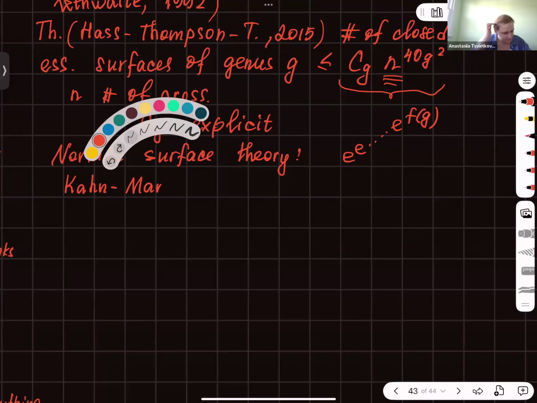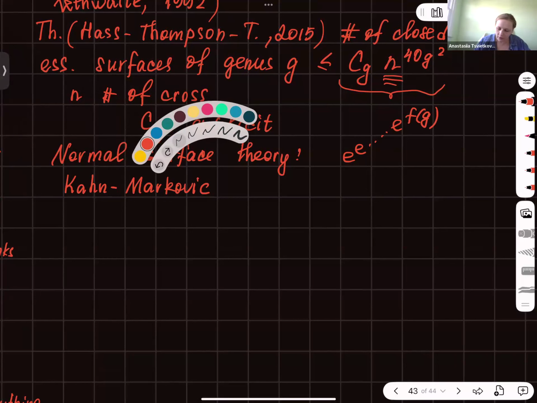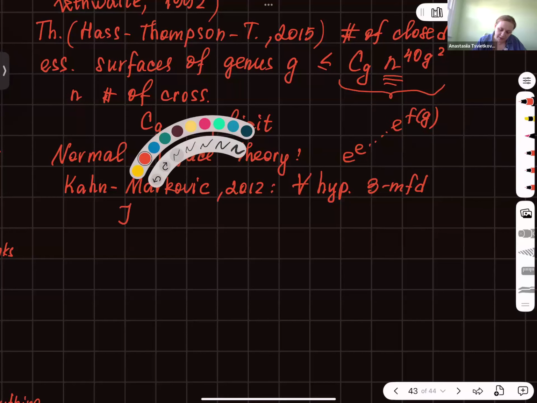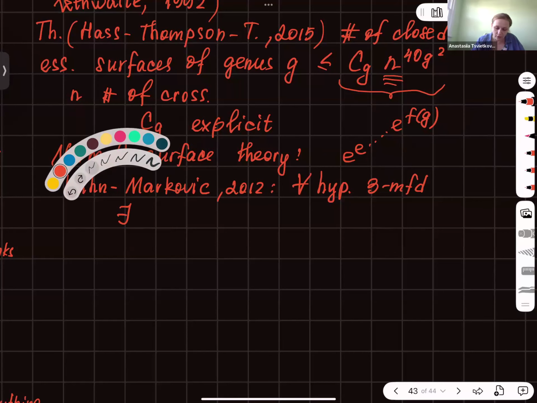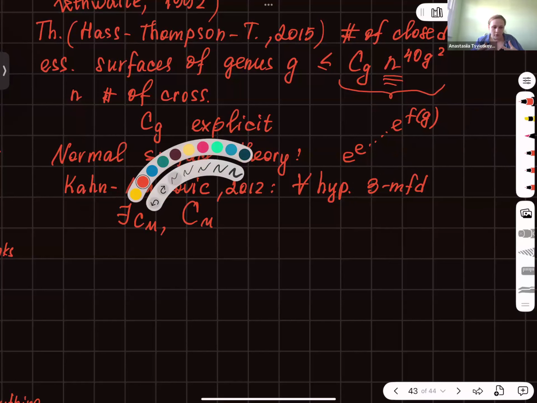Going back to, I think, 2012, and they were very general, a very general class. So for any hyperbolic three-manifold, but they had to say there exist constants, because it would be harder to do them explicitly.